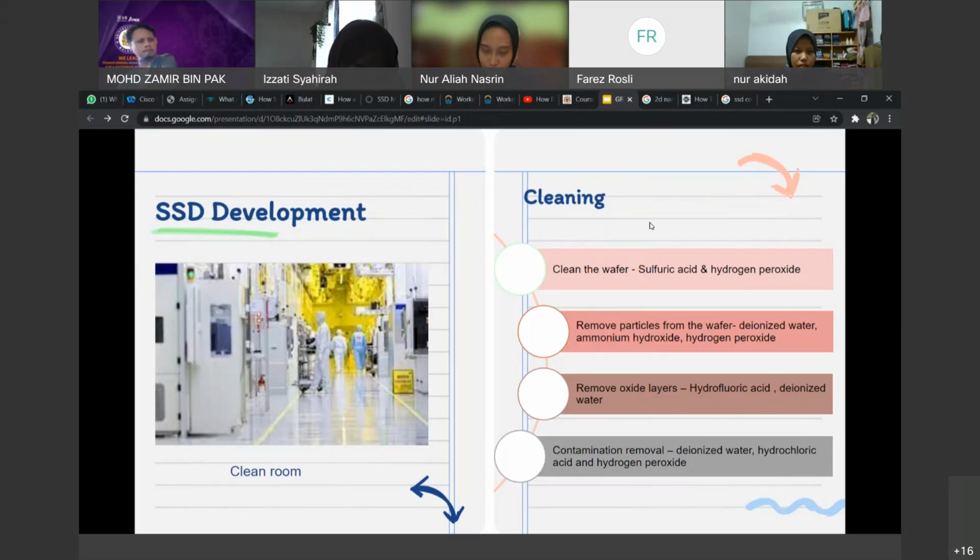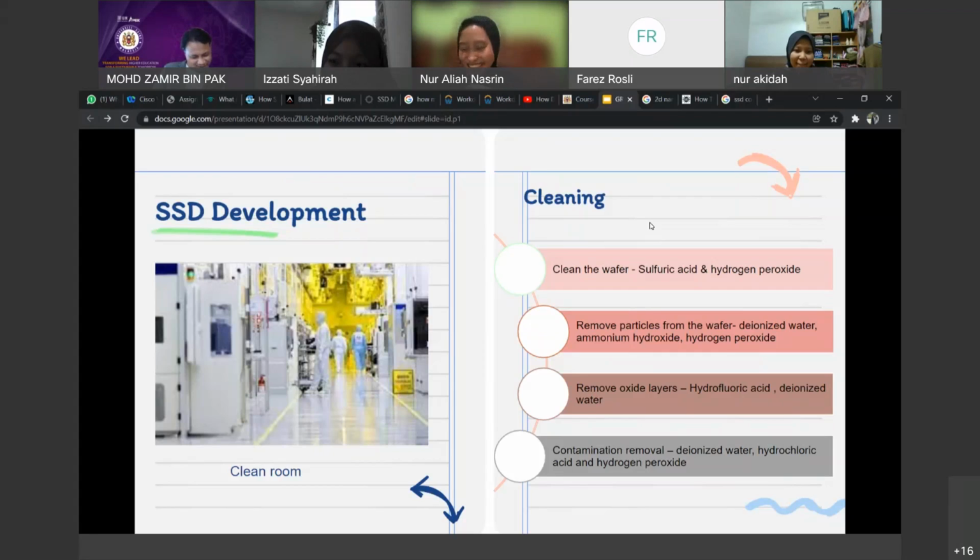Isn't there any more ways of cleaning? Yeah, I think this is the general one. Oh, I see. Thank you. Oh, just a short one.